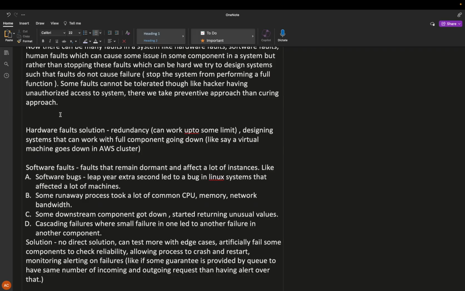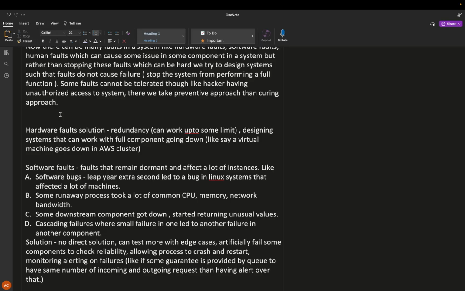So what we usually do is redundancy in case of hardware. In case of disks, say one disk is running out, we have backup disks, and usually we have RAIDs, right? Which is an array of disks which stores the data, and which is helpful to retrieve the data if anything goes wrong in one of the disks.